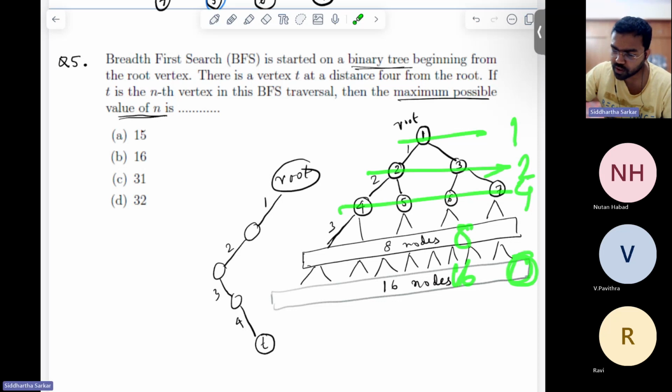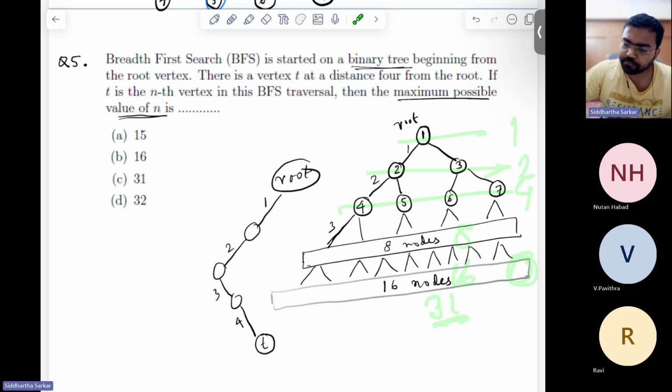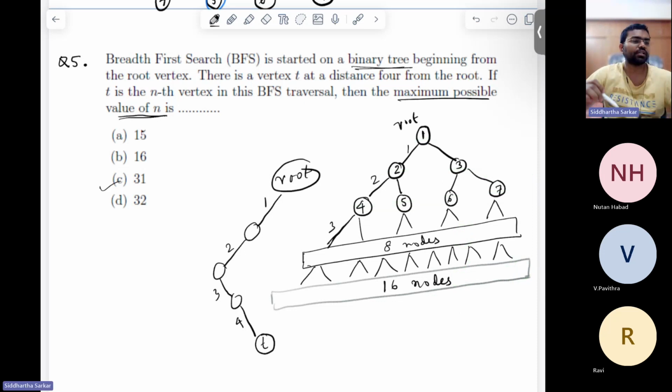We have to add all these things. So this comes out to be what? Yes, 31. You're right. So any doubts, anybody? Move to the next.